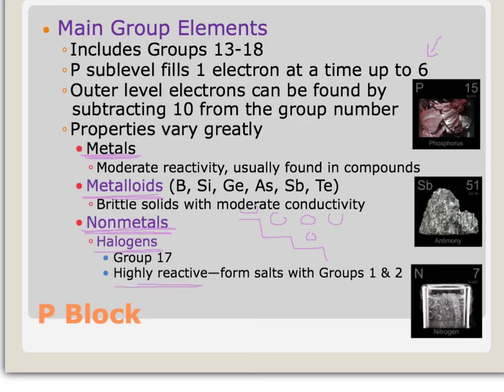They're like the opposite to groups 1 and 2 in terms of properties, but they are super reactive, so they often form what are called salts with the group 1 and 2 elements. You'll find chlorine in this group, for example, and over here in group 1 is sodium, and that's probably the most commonly recognized salt, NaCl or table salt.